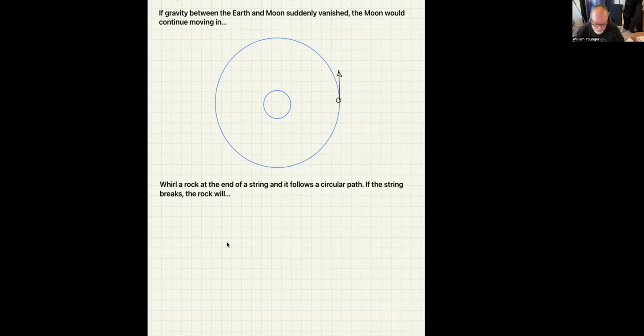So this blue line is the orbit of the Moon. That's the path it's following, if you will. And of course, this is the Earth.